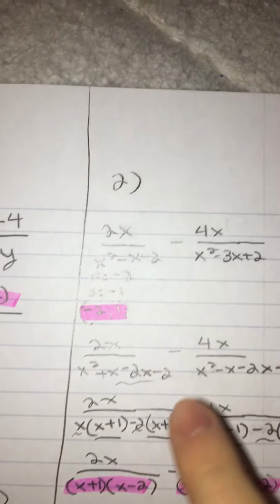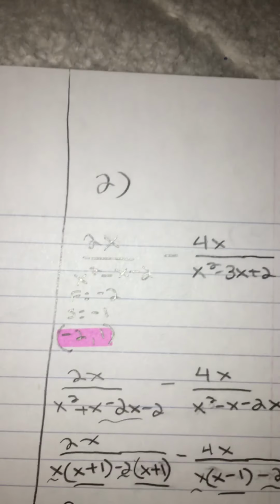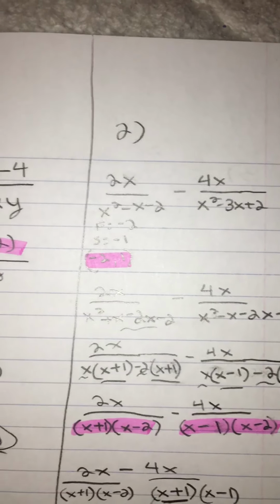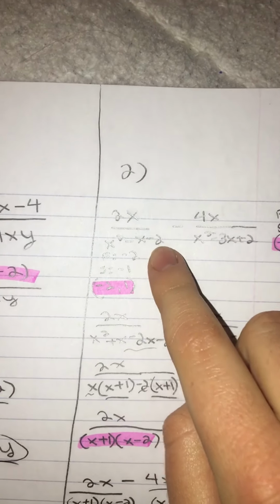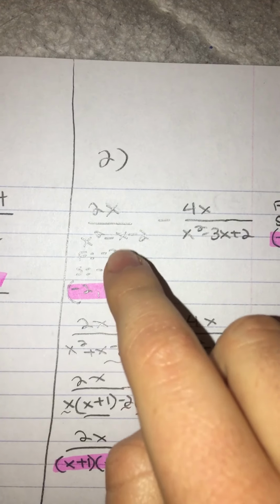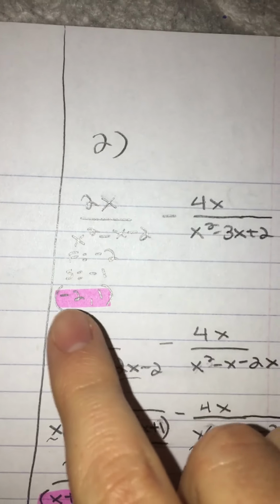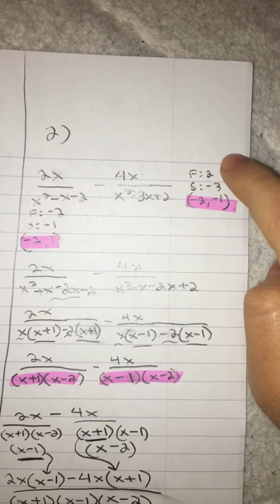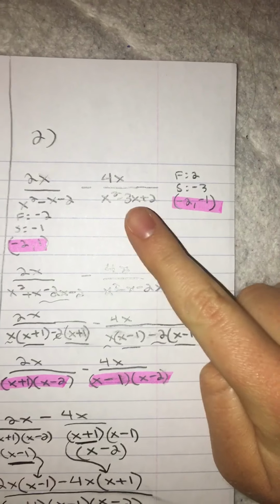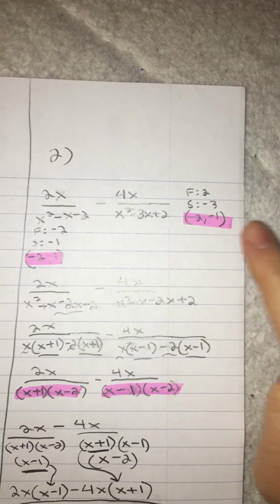So you want to find a factor of negative 2 and a sum of negative 1, which would be negative 2 and 1. And then you go over here, you want to find factors of 2 with a sum of negative 3, and that's negative 2 and negative 1.